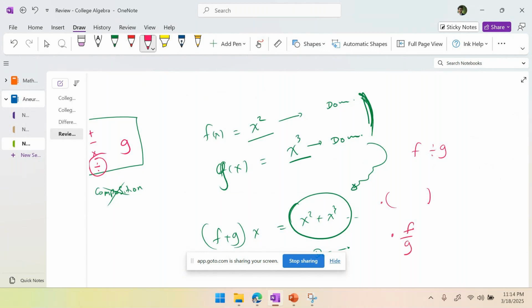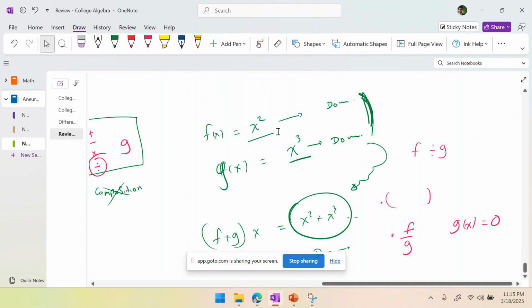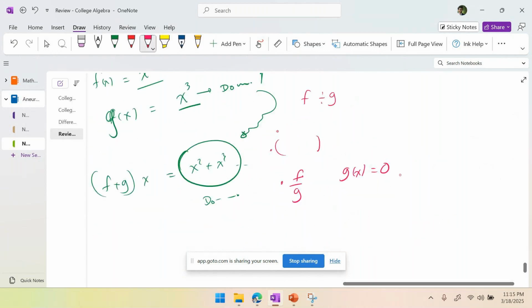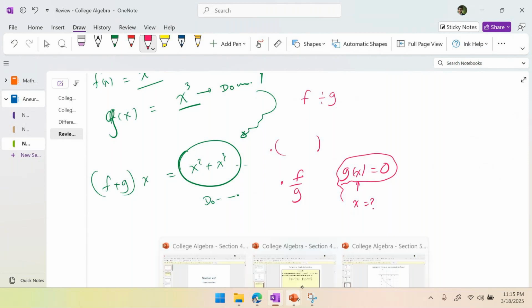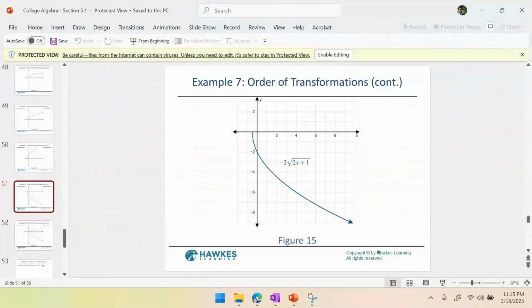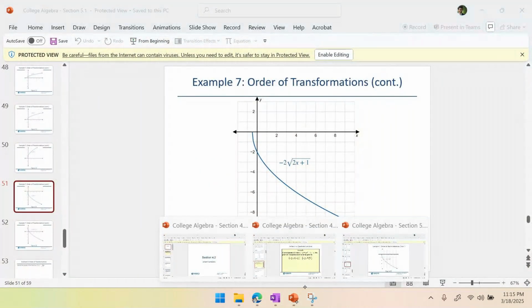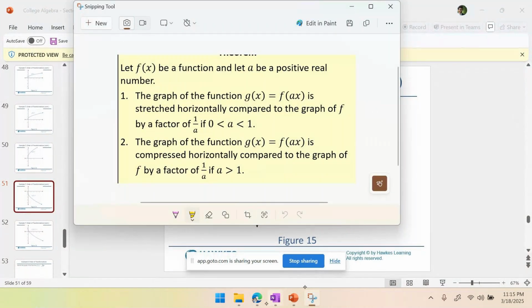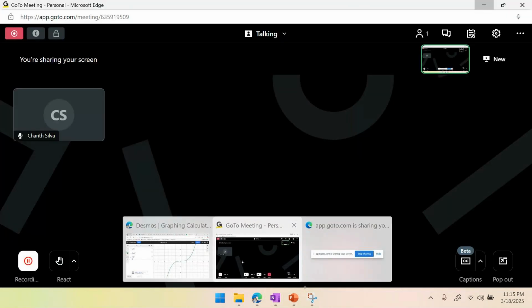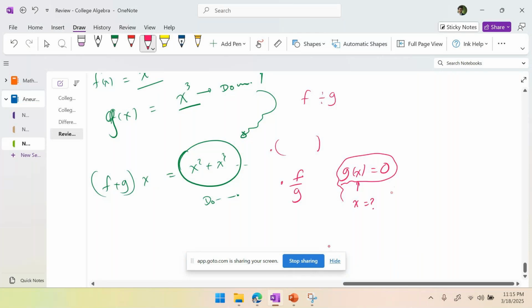so what you have is f divided by g, and now you have to make sure to check g(x) equals 0 and to identify these x values which make the denominator 0. Okay, you have, I think, a question in here. It's on the other slide, so that's something you should have the practice on.